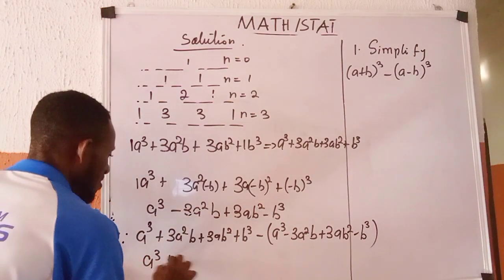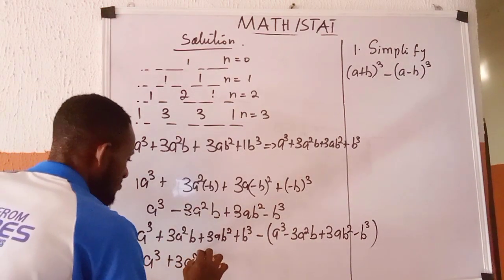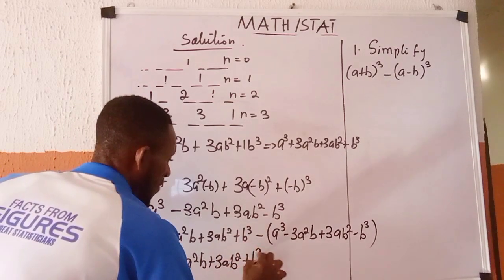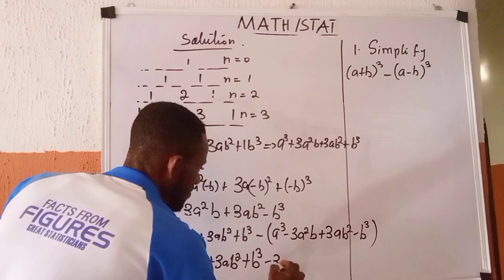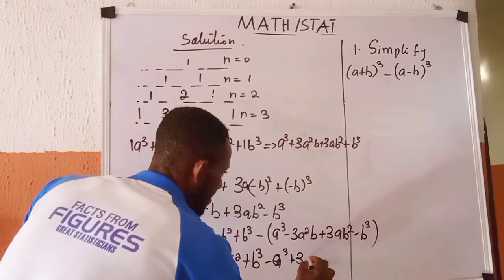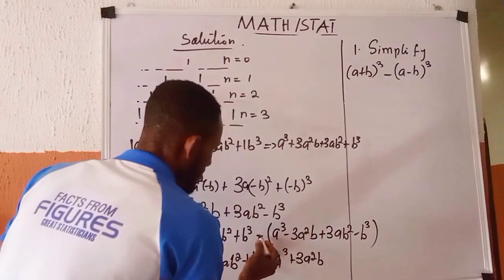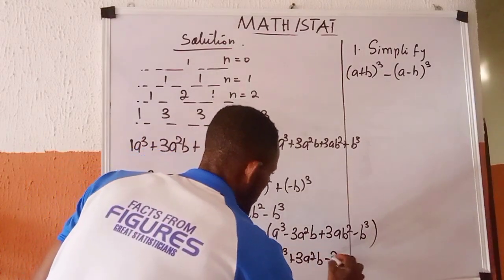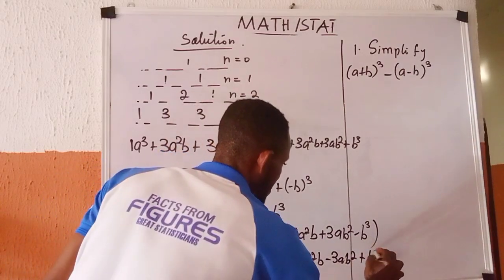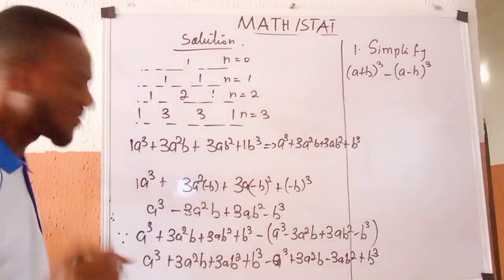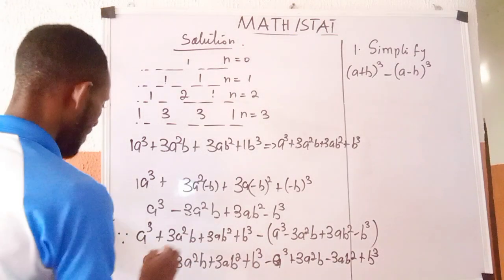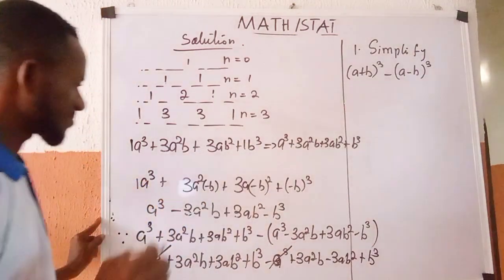So of course what you are going to have is A raised to power 3 plus 3A squared B plus 3AB raised to power 2 plus B raised to power 3. Here is minus A raised to power 3, minus times minus gives plus 3A squared B, minus times plus gives minus 3AB squared, minus times minus gives plus B raised to power 3. Then you check. A raised to power 3 minus A raised to power 3, this and this is gone.